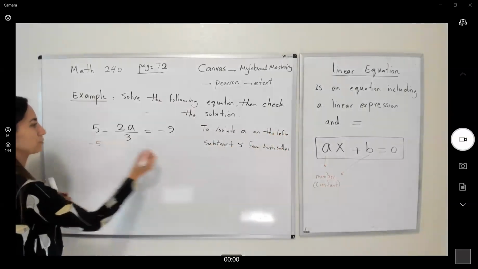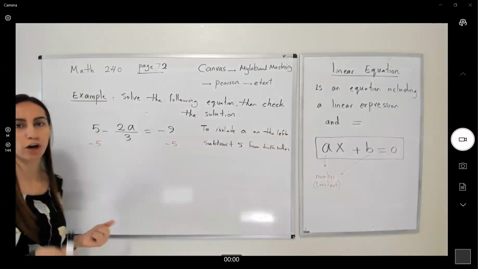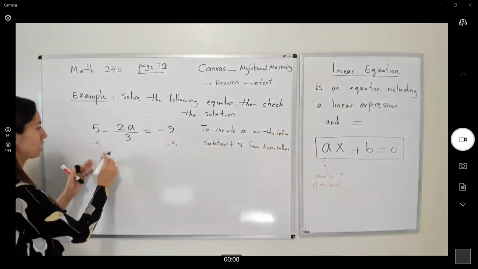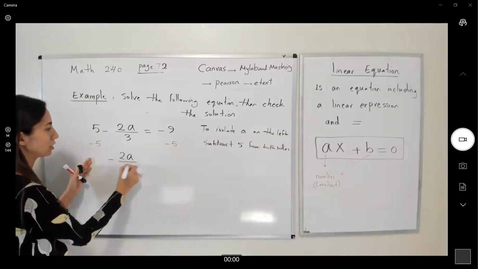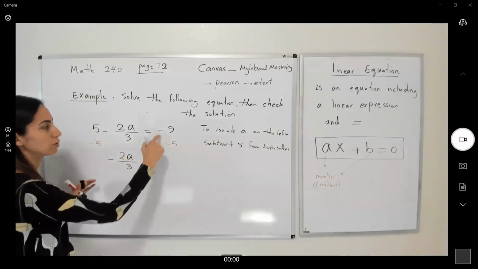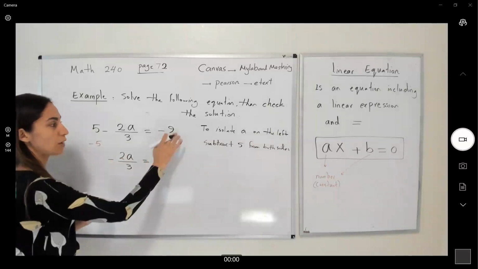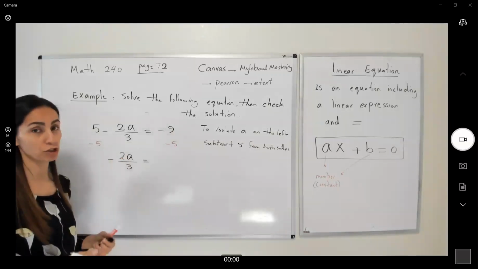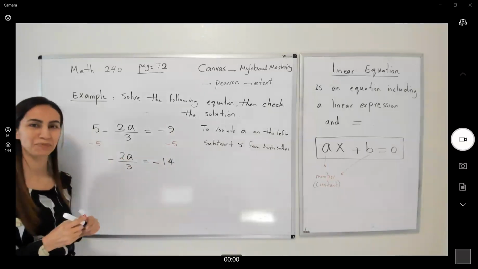Subtract 5, subtract 5. So 5 minus 5 is equal to 0. So you're left with minus 2a divided by 3 equals to, so here you have the same sign. You're going to add 9 and 5, which is 14, and put the negative sign in front of it.